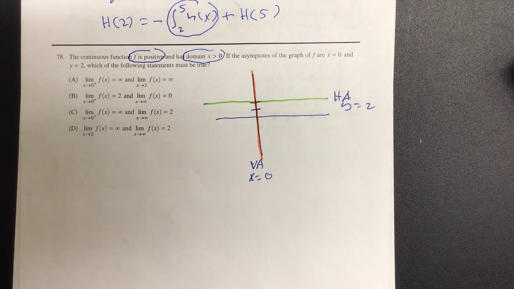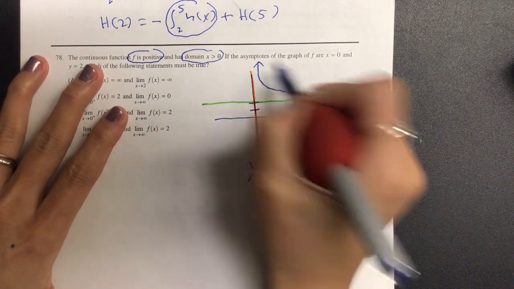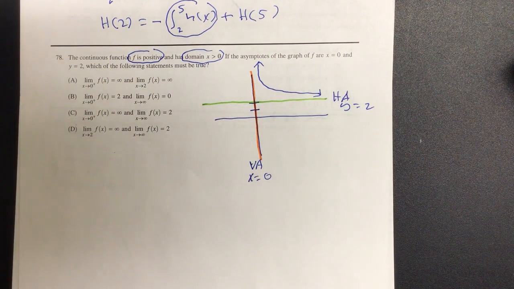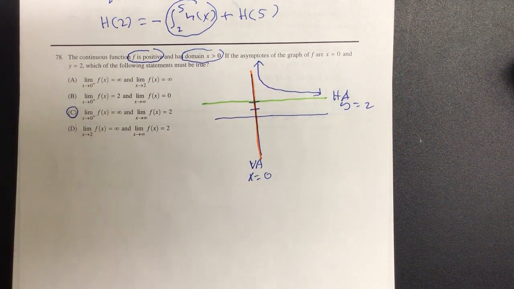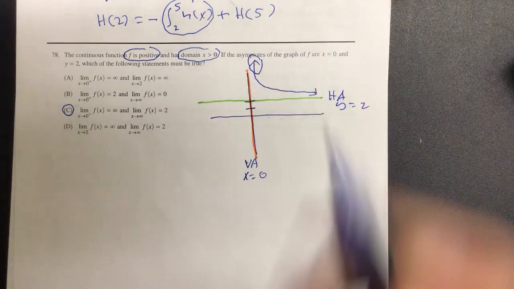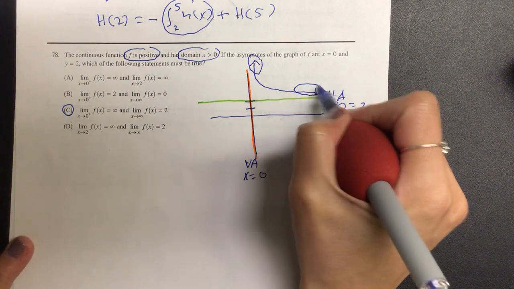Top right, because f is always positive, and the domain is also positive. The only one that satisfies that is letter C. The limit as x approaches 0 is infinity, and the limit as x approaches infinity is the horizontal asymptote.